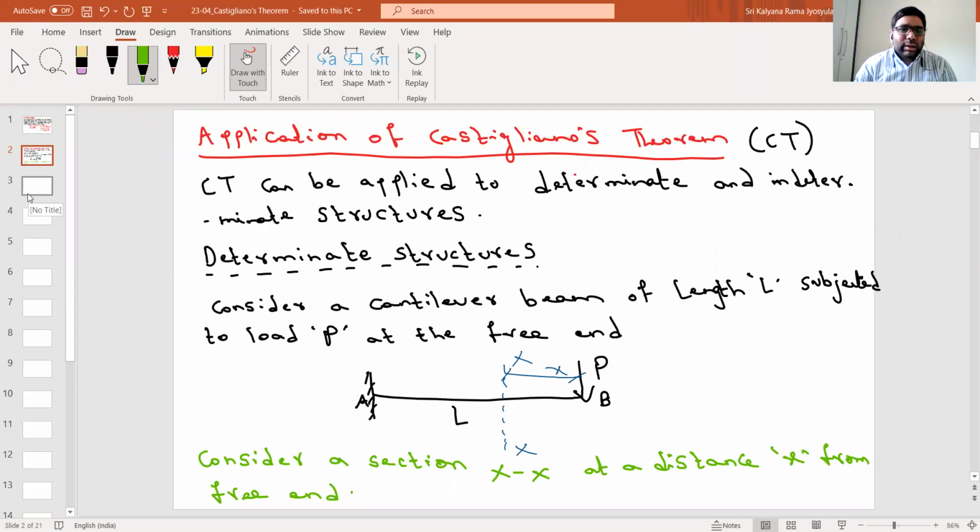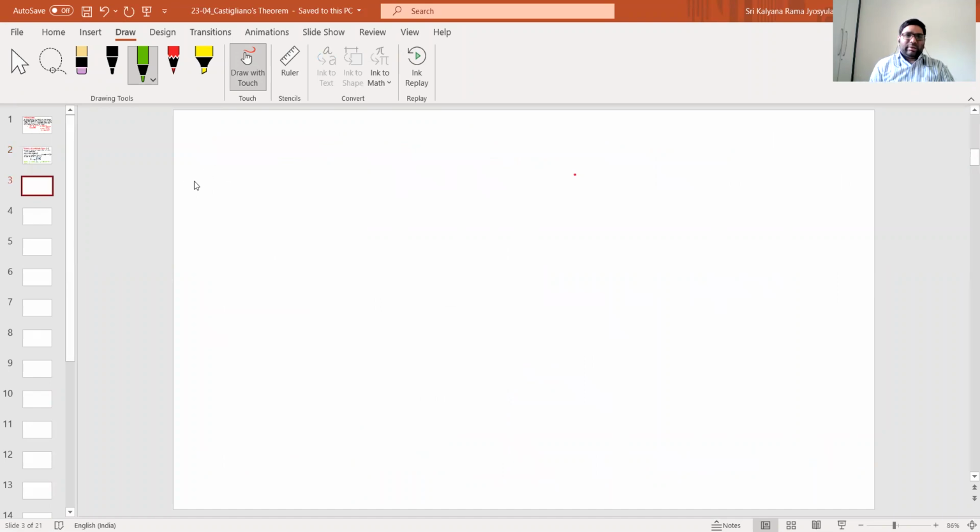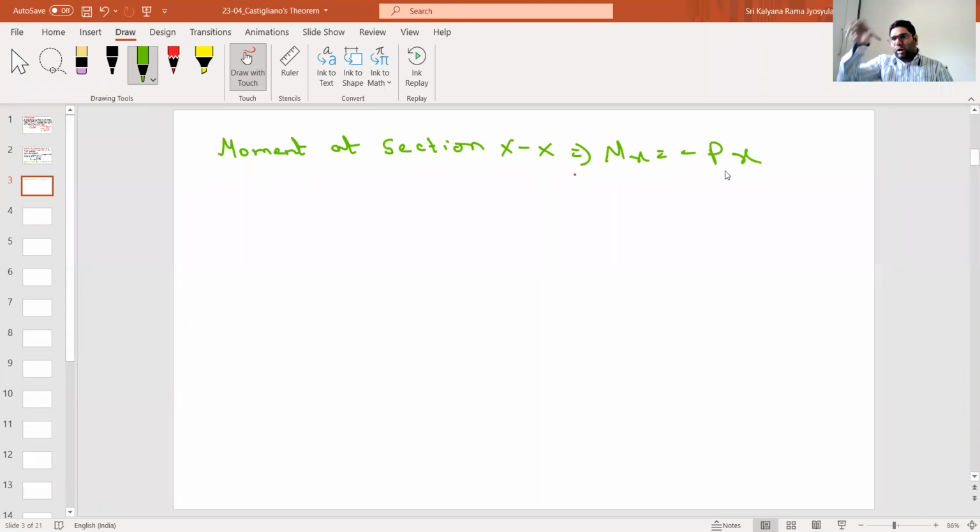Now, what is the moment at section XX? Moment at section XX is Mx equal to minus P into x. Here we need to go to the basic strength of materials sign convention.